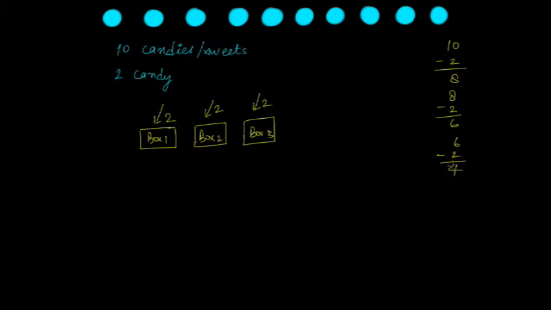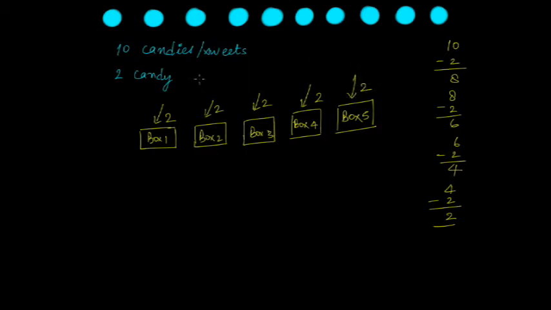So you're left with 4 candies now. In box 4 you'll put again 2 candies. Now you're left with 4 minus 2, which is 2 candies. So the last box, box 5, will have 2 candies.